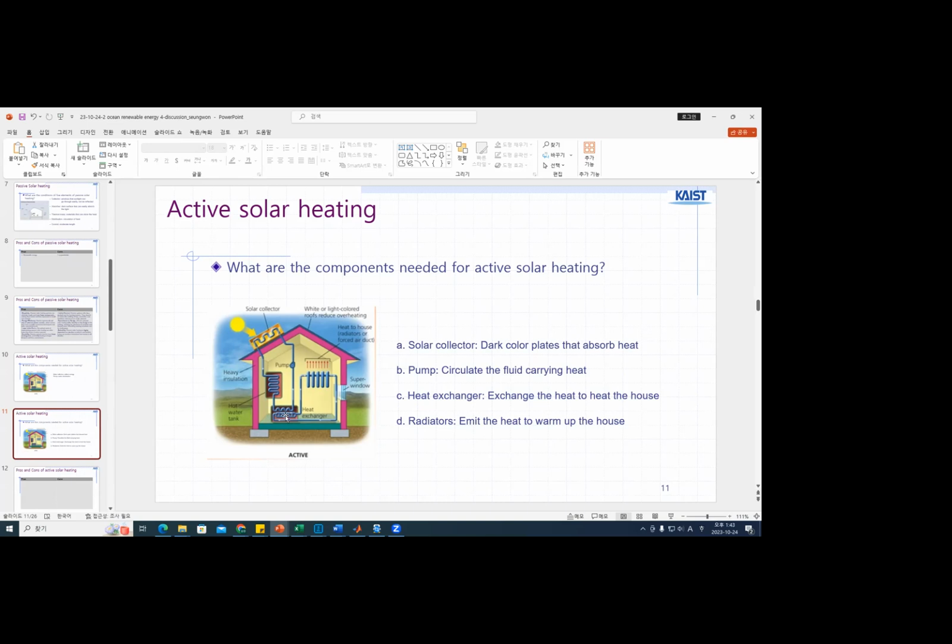So while the fluid in this line is heated up and circulated, it goes through the radiator. In the radiator, it emits the heat to warm up the house. So these four components are needed for the active solar heating.